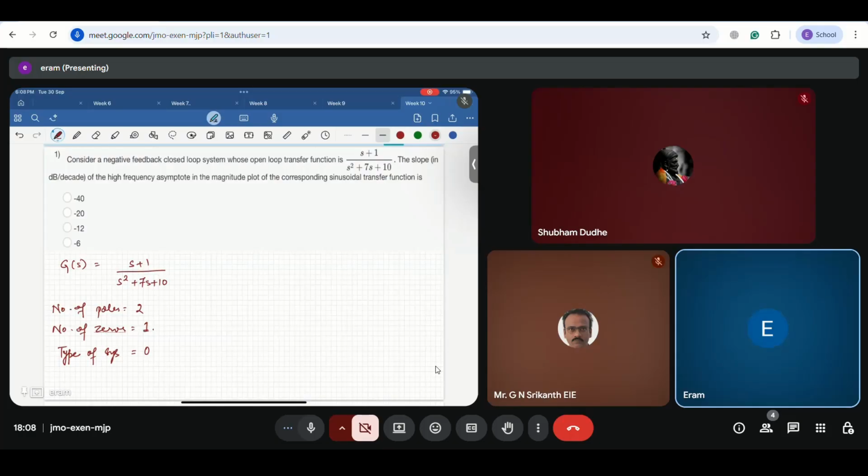Now, next we need to find out the corner frequencies. We have identified the number of poles, number of zeros, and type of the system. What are the corner frequencies of this system?